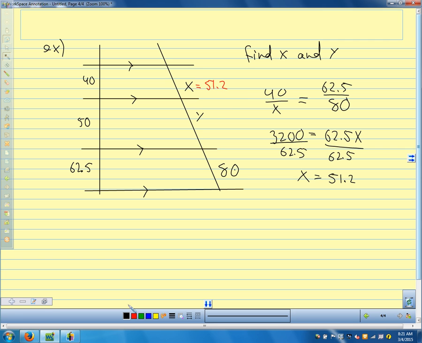And then y. What proportion can we set up for y? Anybody have that one? 40 over 51.2 equals 50 over y. Oh yeah, we could set that one up. 40 over 51.2, the one we just figured out, equals 50 over y.